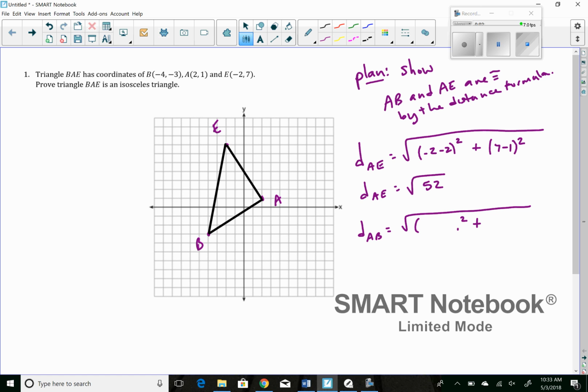So the x values go -4 minus 2 squared, and the y values go -3 minus 1 squared, which is going to give us also the square root of 52. So I notice both the distance from A to E and from A to B are actually going to be the same.